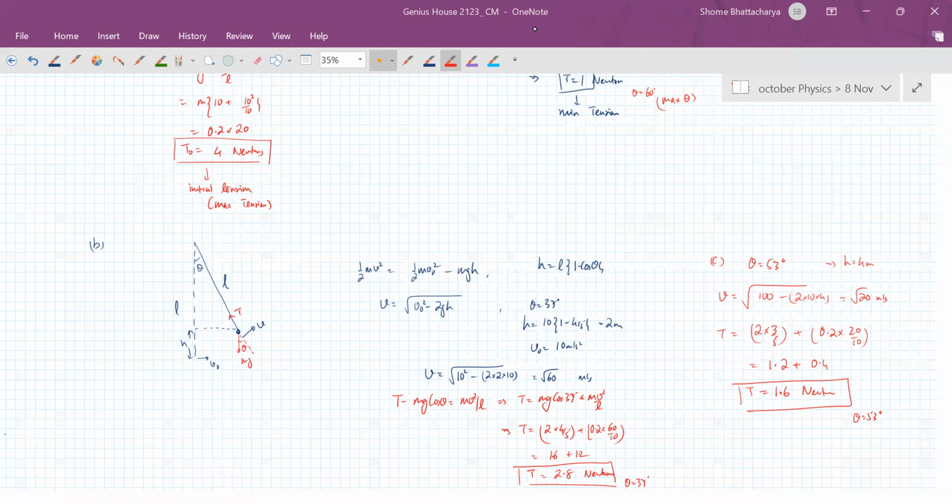Sir, are you coming to Mira Road Center for doubts this week? Yes, Nerul Center also I'll be coming. I think it will be on Saturday if I'm not mistaken. Mira Road I will not be coming. I think Hemant sir will be there for doubts or some other physics teacher will be there.